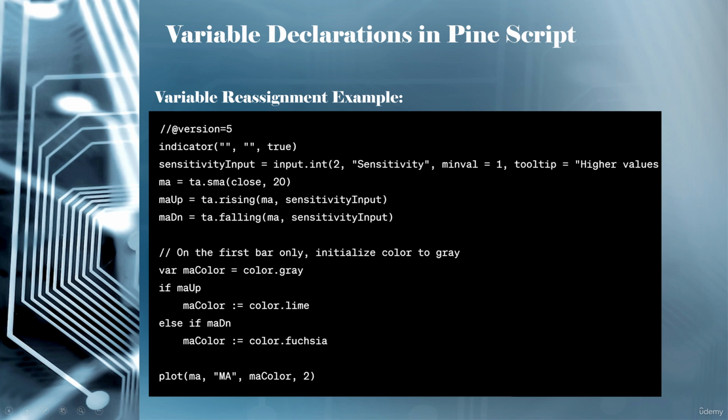Reassignment is crucial for updating variable values during script execution. Here is how it works. We use the reassignment operator only when we previously already declared the variable and assigned a value to that variable. And after that, in case we need to assign a new value to this variable, we use the reassignment operator.